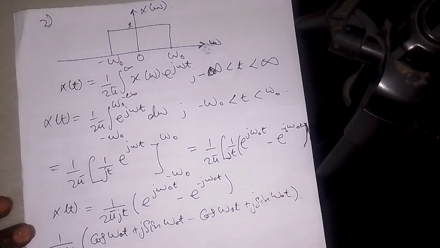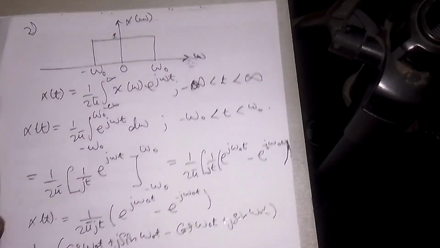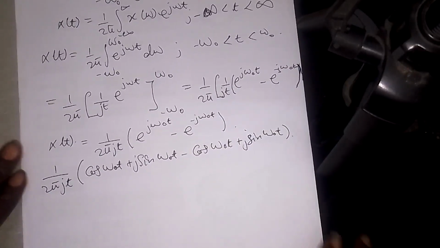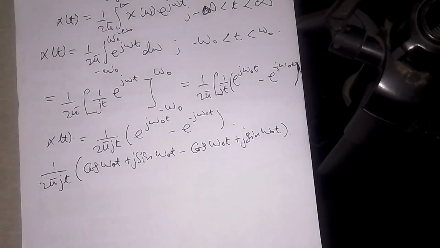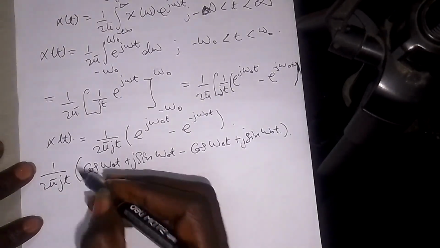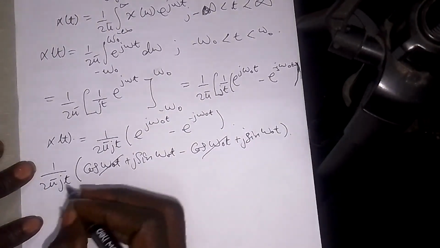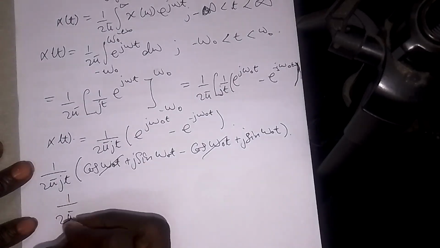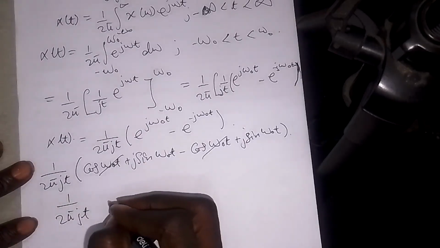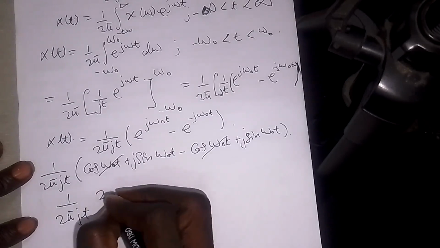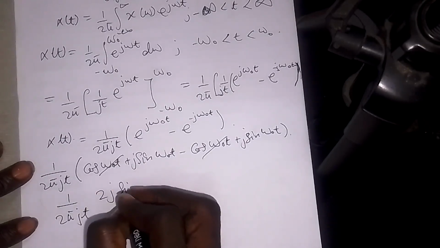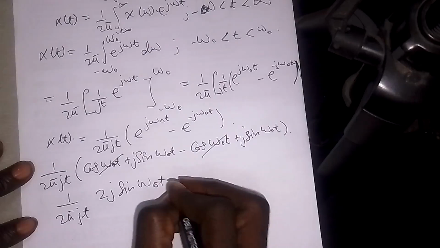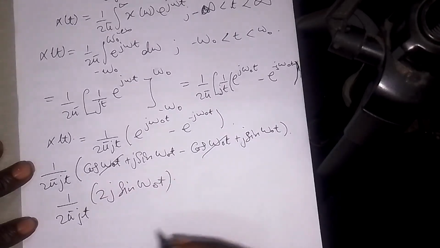Now cos and cos can cancel because they are opposite. So 1 over 2 pi jt into 2j sine omega naught t.